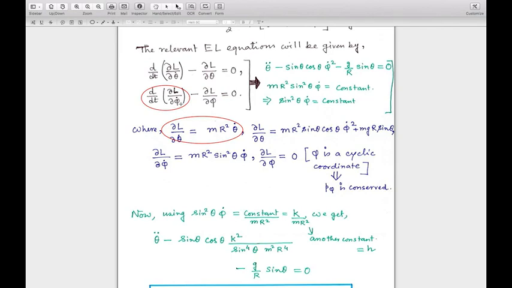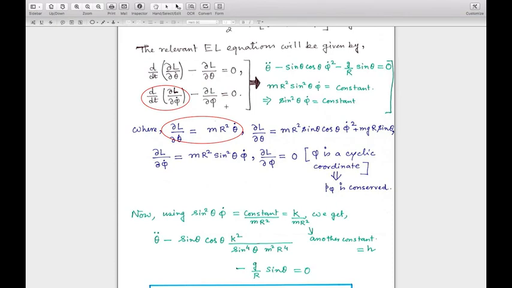Here, if your potential function is independent of phi dot, then del T del phi dot is equal to del L del phi dot. So in this case del L del phi dot is the generalized momentum corresponding to phi.